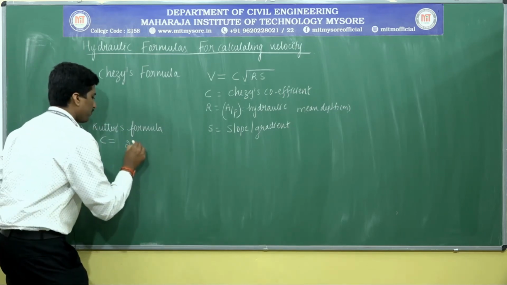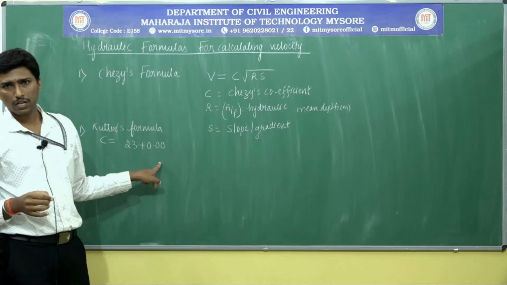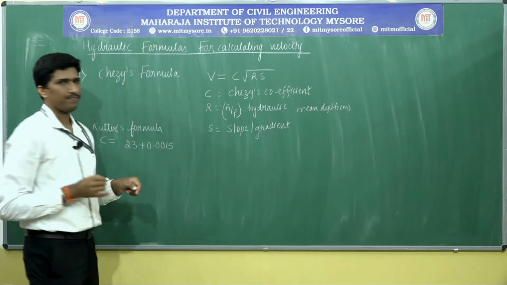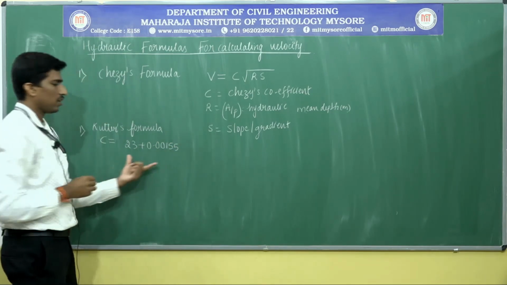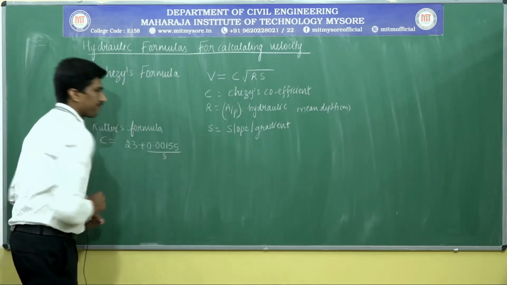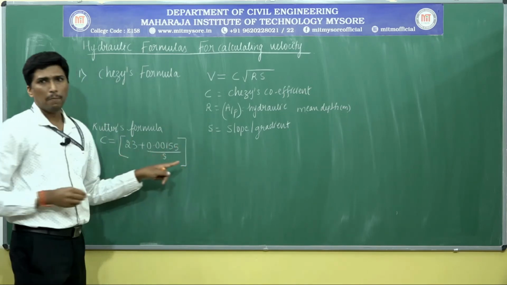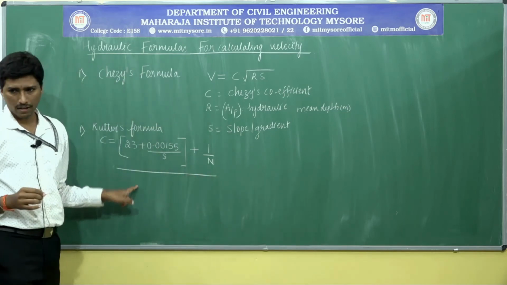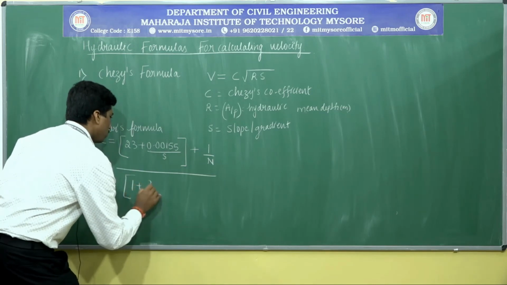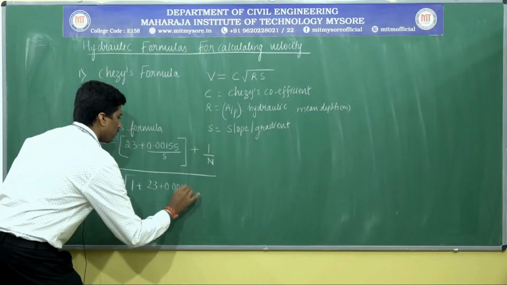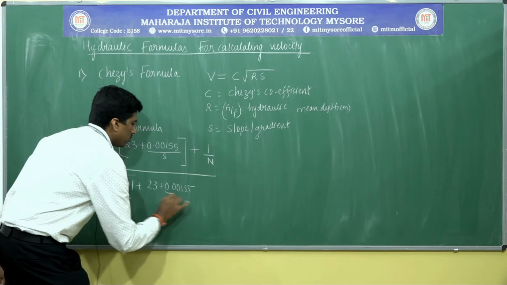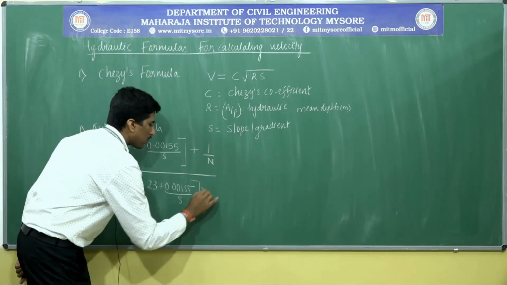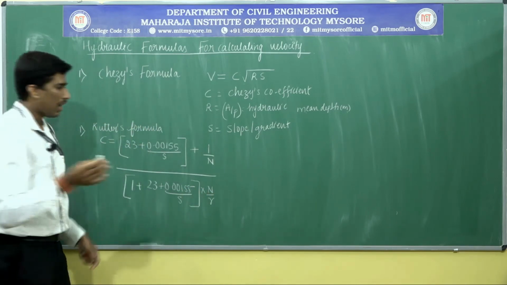We have 23 plus 0.00155 over the slope S, and this numerator is multiplied by a factor plus 1 by n, divided by 1 plus 23 plus 0.00155 over S, multiplied by n divided by root R, that is R to the power of 1 by 2.